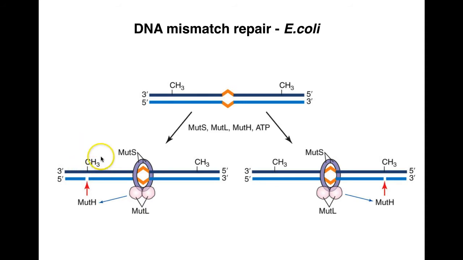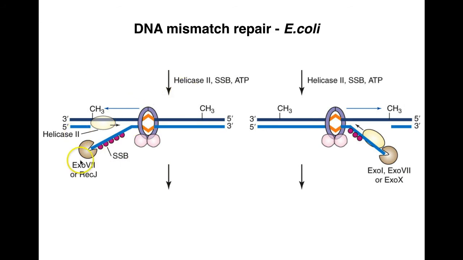So we've got a methylated GATC site in the parental strand, and we have an unmethylated GATC site in the newly synthesized strand. So MUT-H will either cut at the 5' side of the damage, or it'll cut at the 3' site of the damage. So where MUT-H cuts, 3' or 5', is going to ultimately dictate which enzymes are going to be responsible for the exonuclease activity or the removal of the damage.